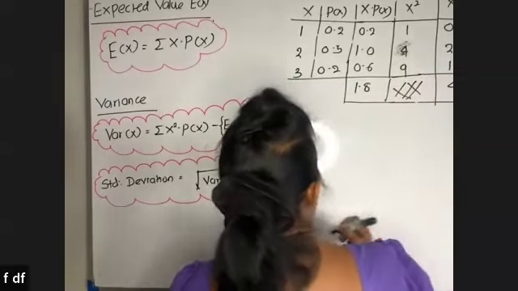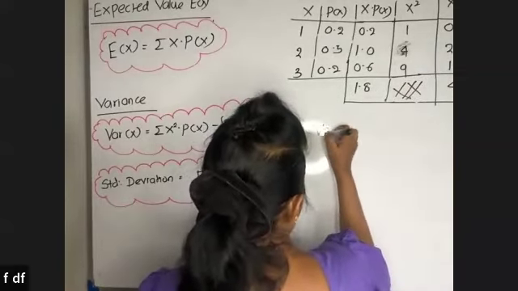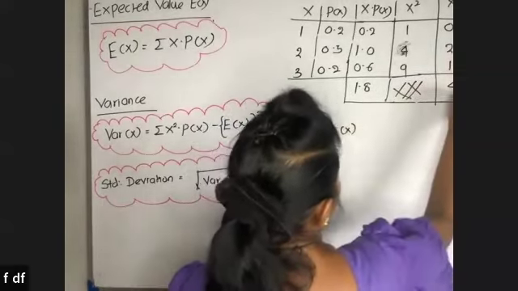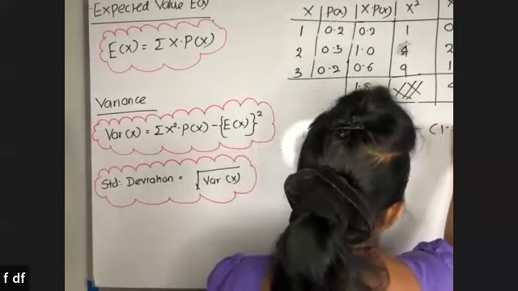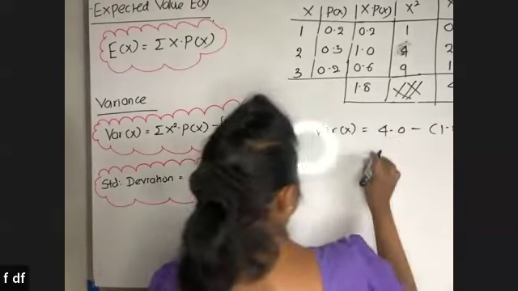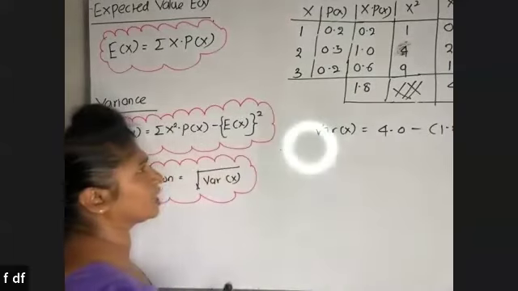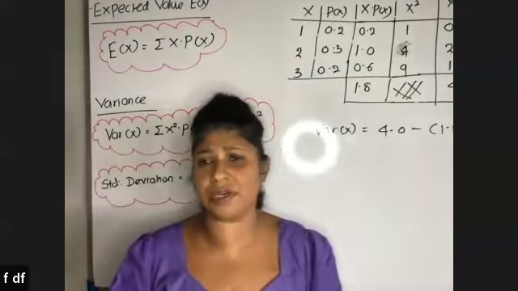Now we can calculate the variance as sigma x square p(x), 4.0, minus the square of 1.8. Once we simplify it, we can calculate the variance of the distribution.